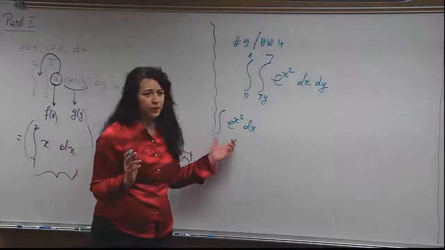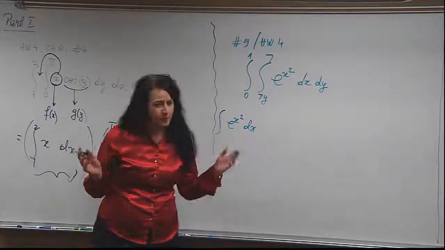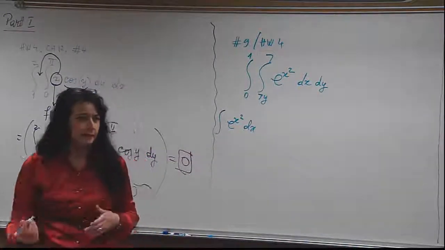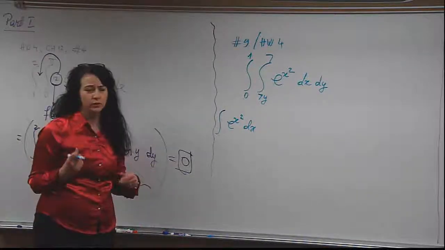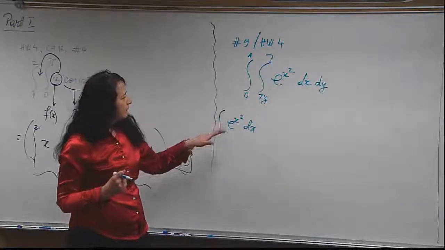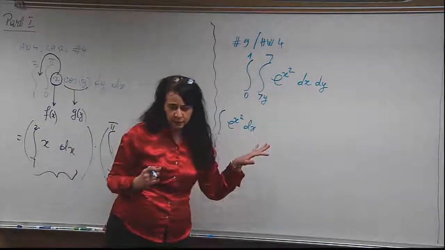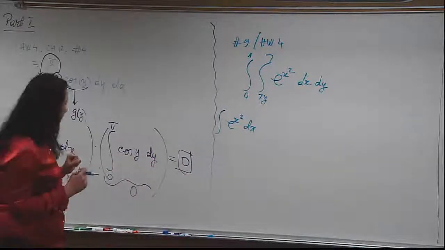You cannot do that in Calc 2, and you cannot do that in an elementary way, by hand. This is something that MATLAB would solve numerically for you in no time if you gave certain values and so on. But to find an explicit form of that antiderivative would be a hassle.